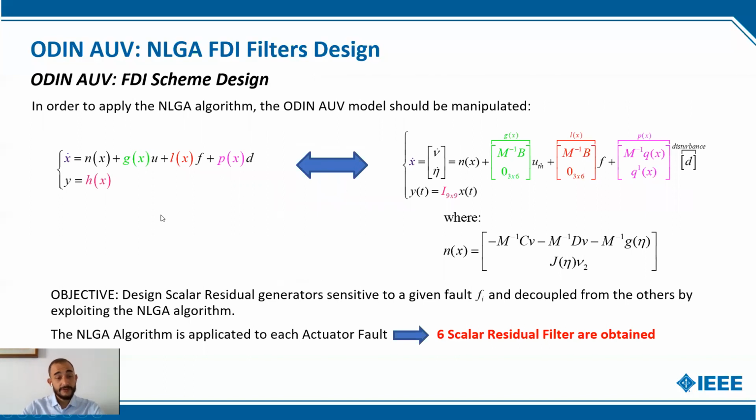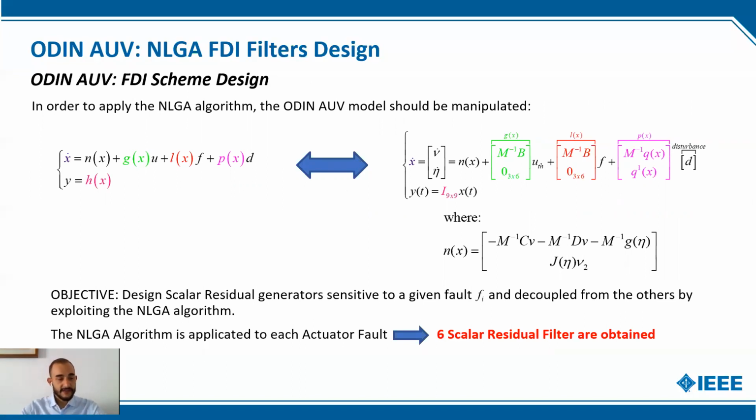To apply the nonlinear geometric approach algorithm, it is necessary to manipulate the ODIN AUV system in order to obtain the generic nonlinear description of the methodology. And as you can see here, this is the model of the ODIN AUV expressed in the generic nonlinear description.